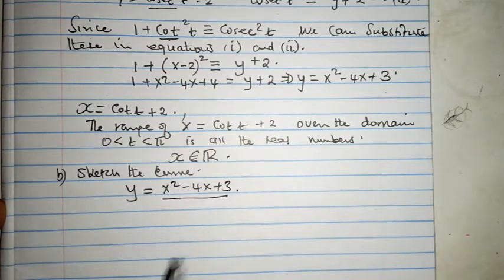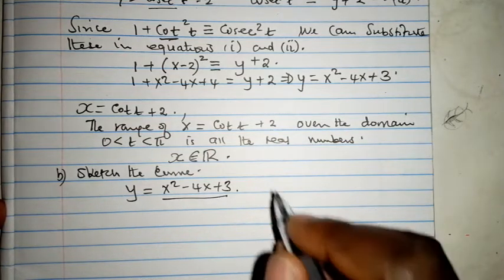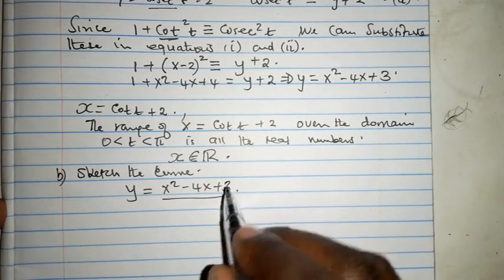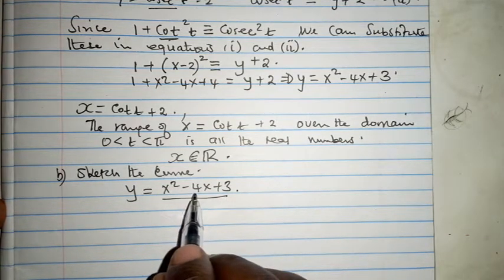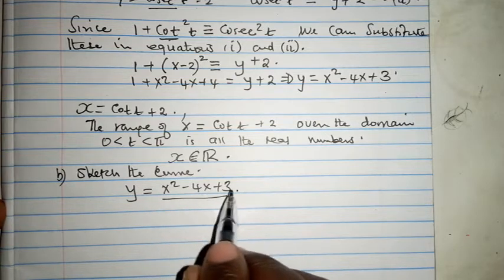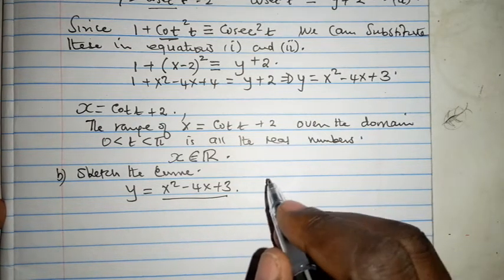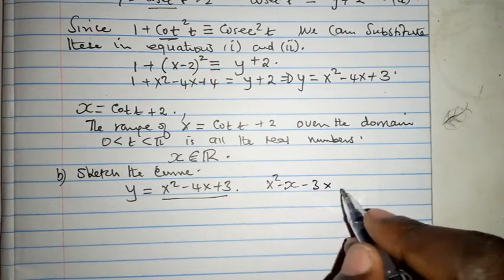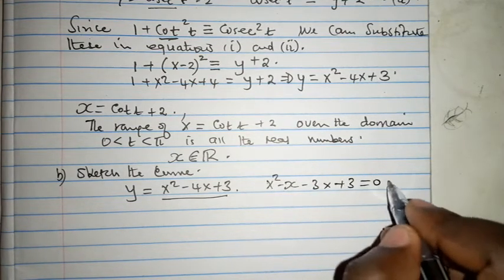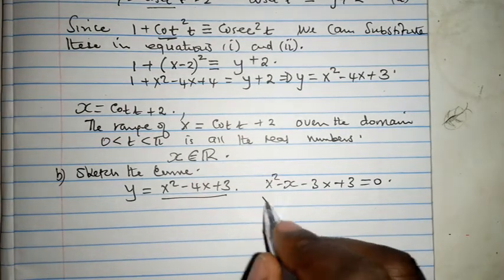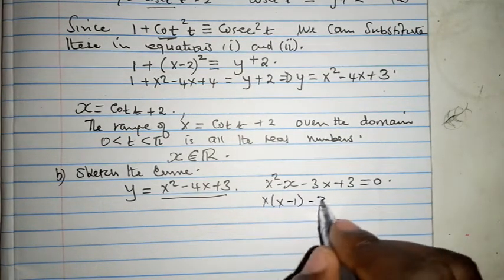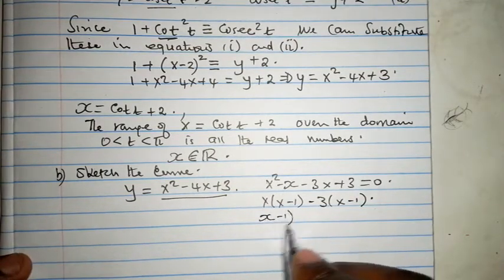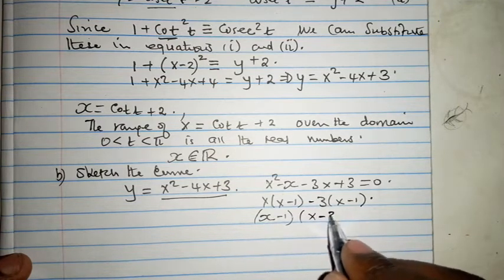This is a quadratic equation, so we ask ourselves which two numbers add to give negative 4 and multiply to give positive 3. So x squared minus x minus 3x plus 3 equals 0, which gives x minus 1 times x minus 3.